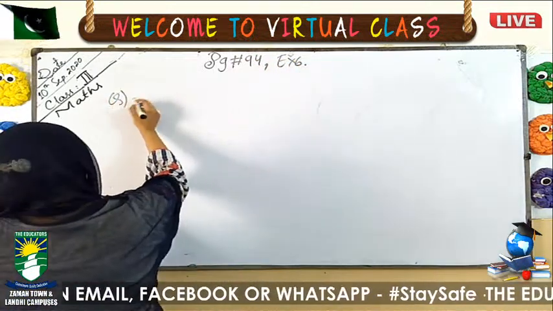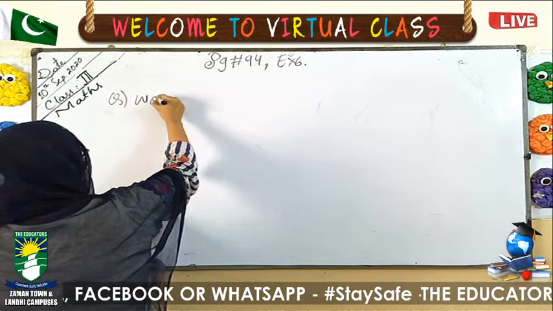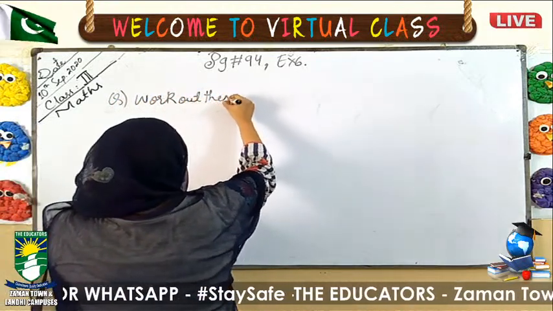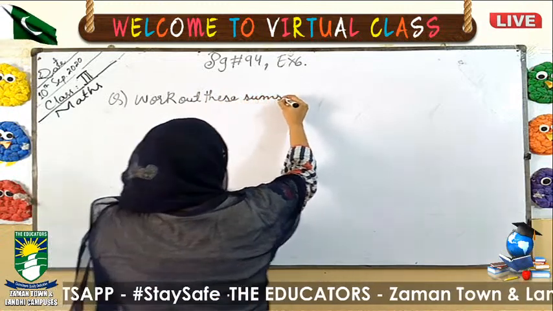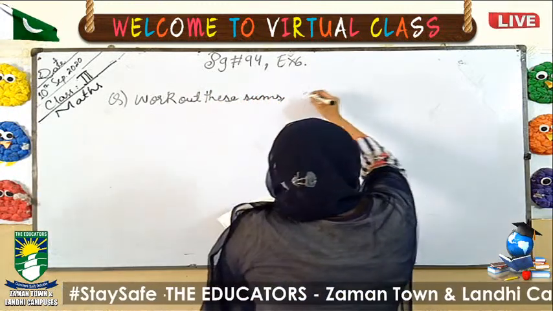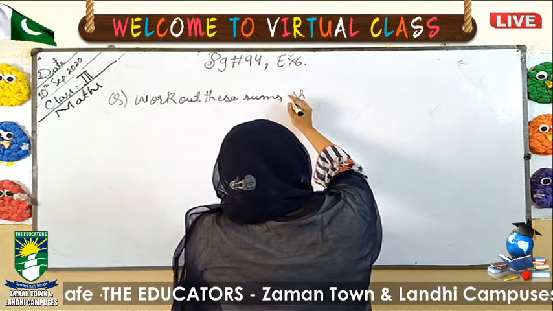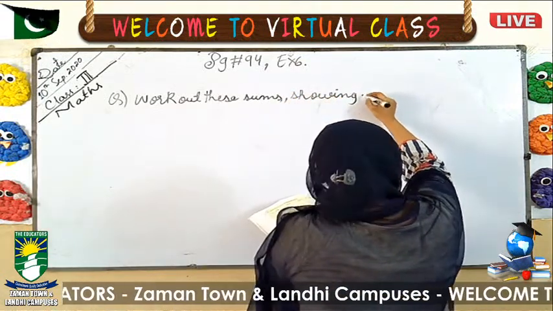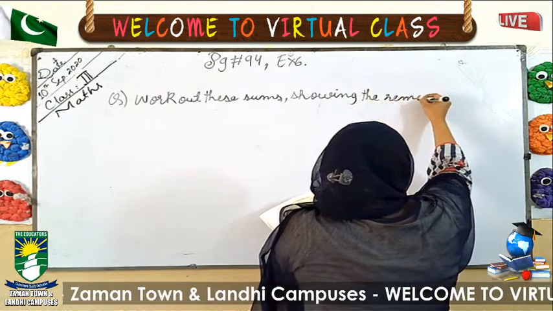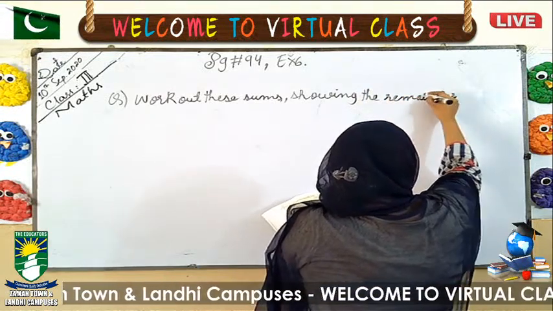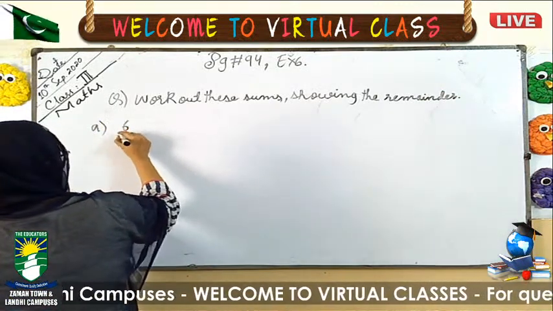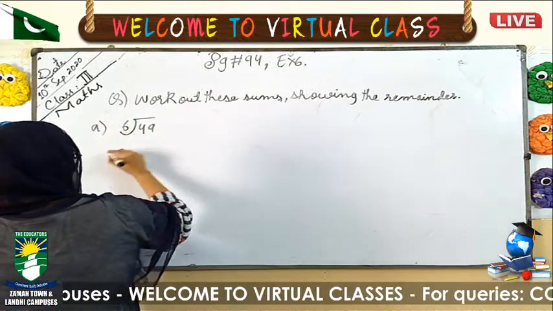Okay, question: work out these sums showing the remainder. Now the question we have: 649.